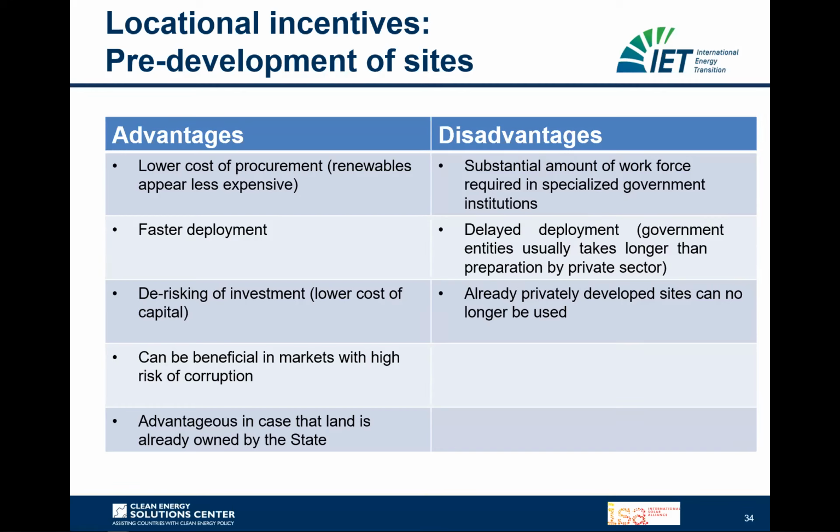But also in other countries like Vietnam and Saudi Arabia, a large part of the available land, or all of the available land, actually belongs to the government, and therefore pre-development is quite easy and feasible.